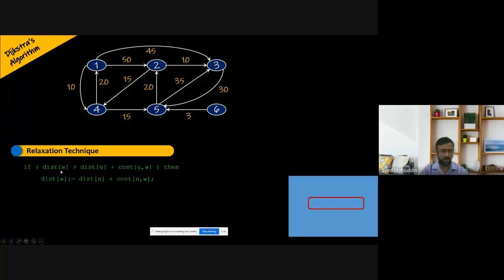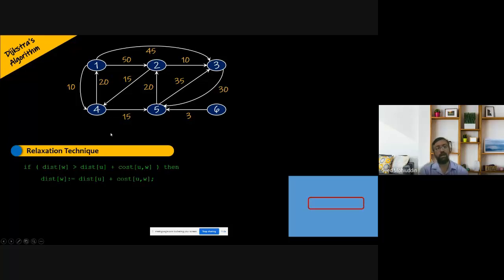Because when we say distance of W is greater than this, obviously this part is less. So assign the lesser cost value to the distance. That is nothing but updating the distance.